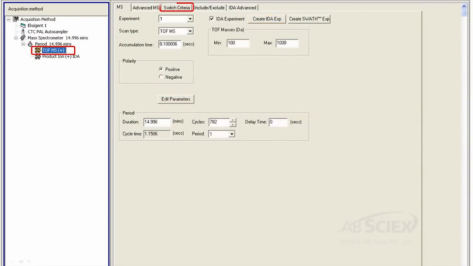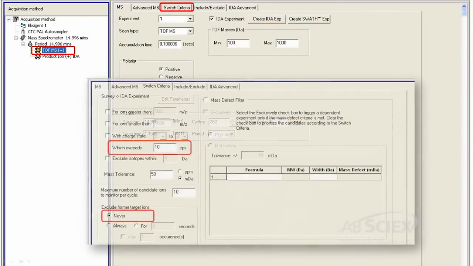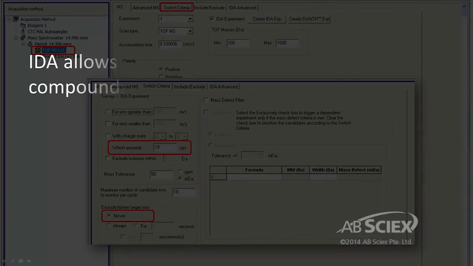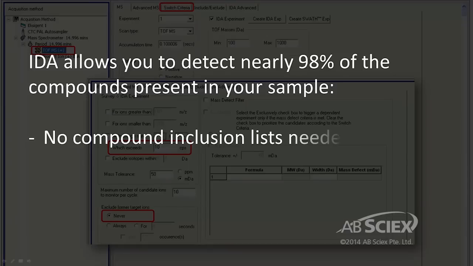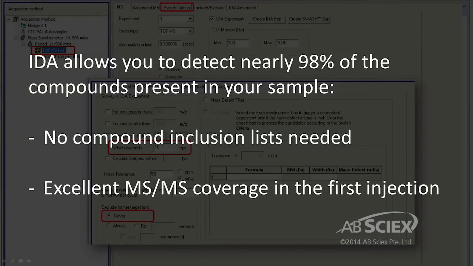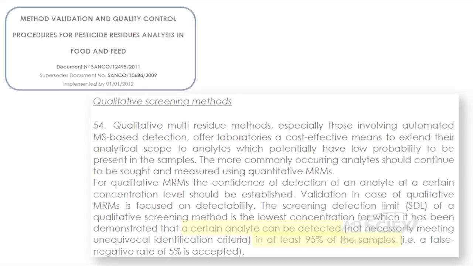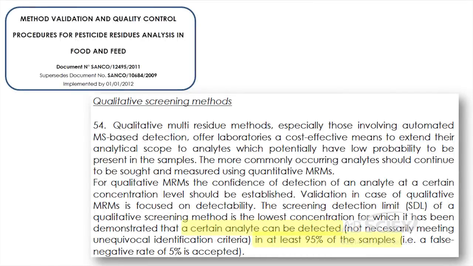In fact, our studies show that with high-pressure chromatography combined with the acquisition of quality MS-MS spectra, you will be sure to detect and accurately identify nearly 98% of all compounds present in your samples at the standardized 10 ppb reporting limit. This easily meets the guidelines required for qualitative screening methods outlined in the SANCO guidance.